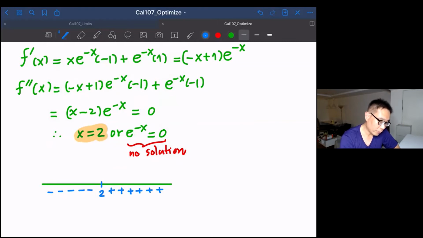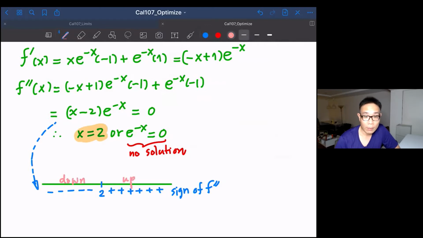Where this guy comes from is from the second derivative. Okay, so this one is the sign of f double prime. And you're gonna conclude that it's gonna be concave down in this interval, and it's gonna be concave up in this interval. And at x equal to 2, this guy turned out to be an inflection point.